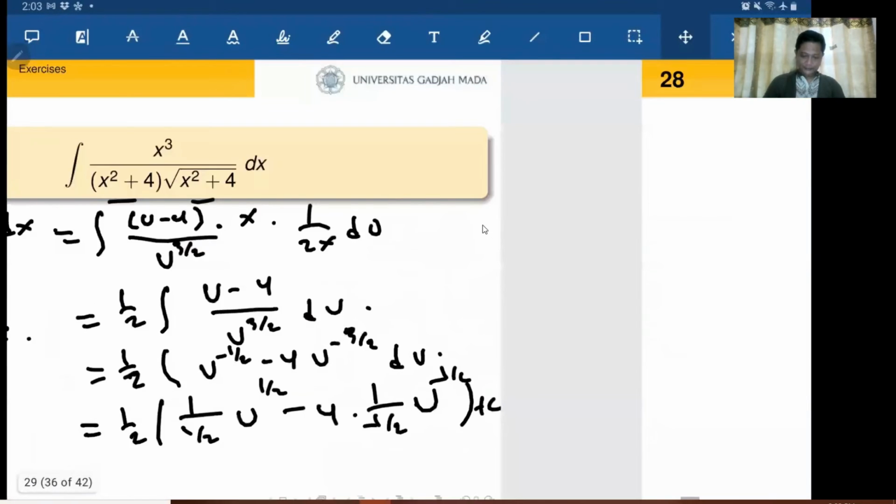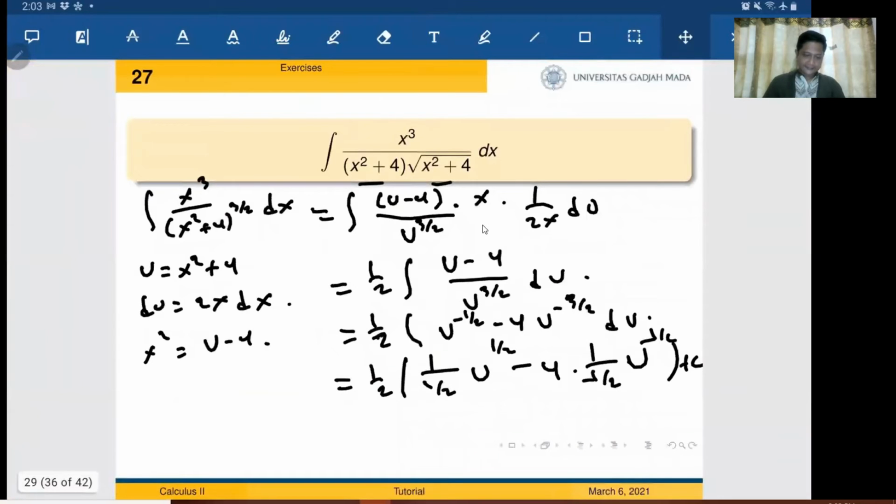Okay. So yeah, the last step is only to substitute everything back by x. So we have to move back to x. So what do I have here? This one cancels, so I only have square root of u.